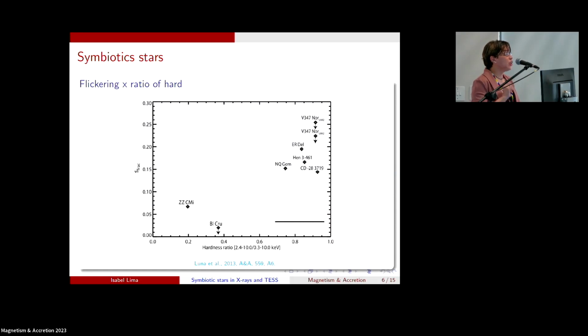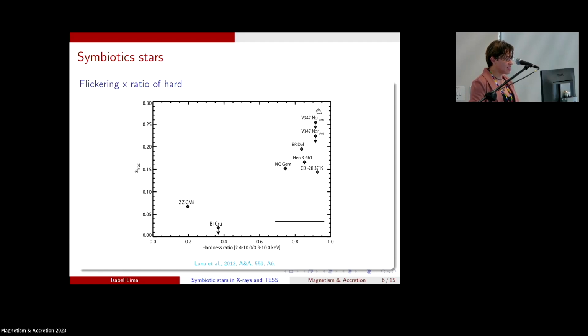Actually, UV flickering is common in symbiotic stars and has a correlation with hard X-ray emission. This figure shows the fraction of UV flickering versus hardness.